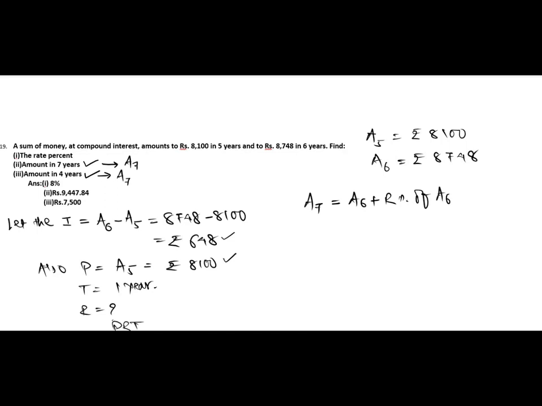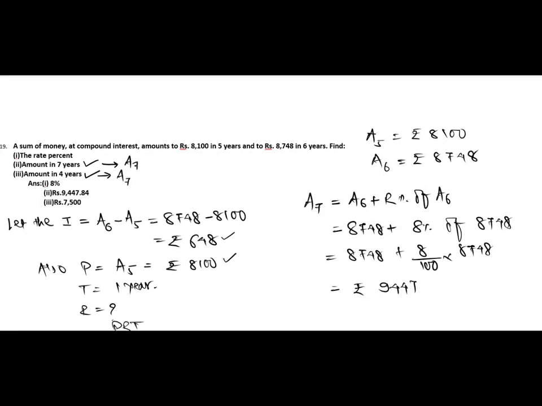We have found the rate, 8%. A6 is 8748 plus 8% of 8748, that is 8748 plus 8 upon 100 into 8748. If you solve this, you get rupees 9447.84. I'm directly writing the answer because the method is clear now.